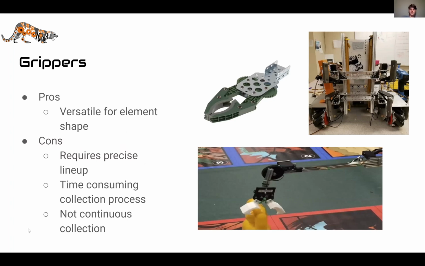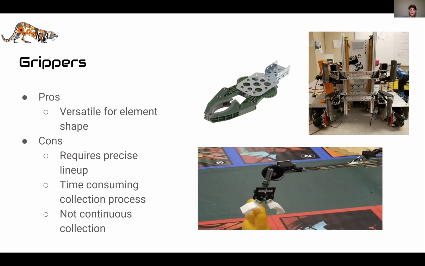Grippers are one of our first examples of a way of getting these elements into your robot. A pro of grippers is that you can design them around basically any element you'd like. In this bottom picture, you can see a 3D printed piece that fits exactly around that relic. Unfortunately, it requires a good amount of lineup, probably the most of any we're going to talk about.